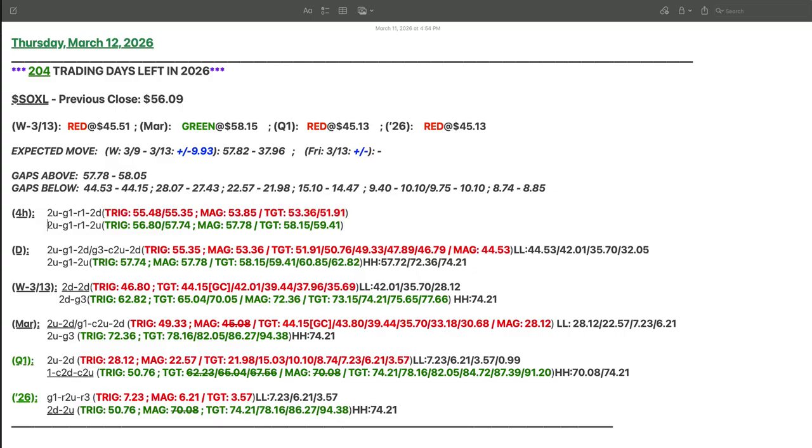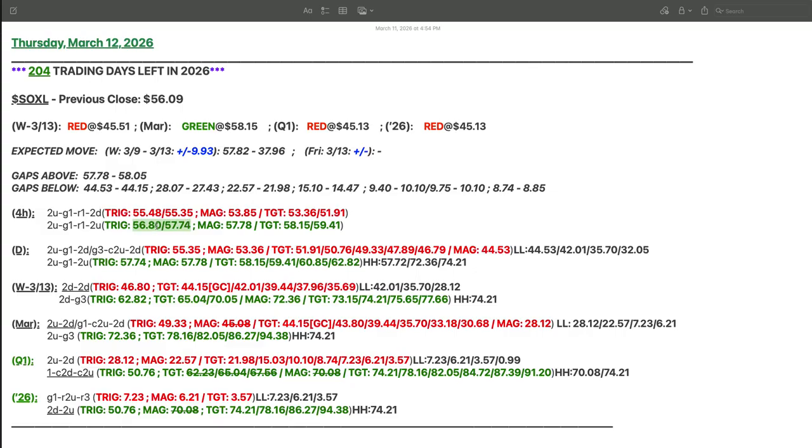If we go to the upside, then we trigger at 56.80, which is the high of the second 4-hour candle from today's price action, and 57.74 is the high of this one. So a little bit more magnitude to work with here.